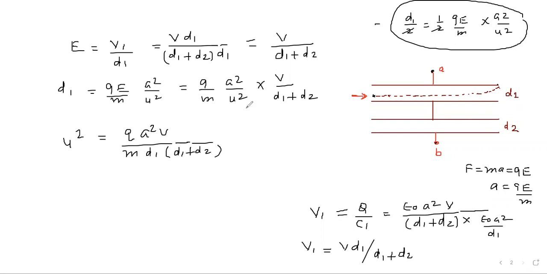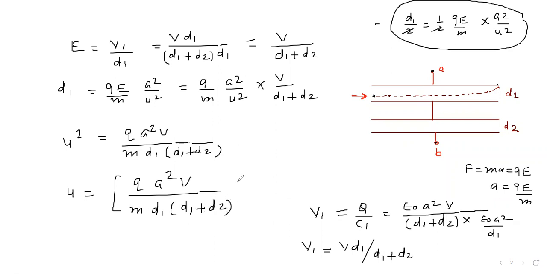Here this D1 will go in the denominator, and there is already D1 plus D2. So our concern is to get the value of U. So U will be the square root of this. That is, we can say Q times A square V divided by m times D1 times D1 plus D2, whole power half. So this is our answer.